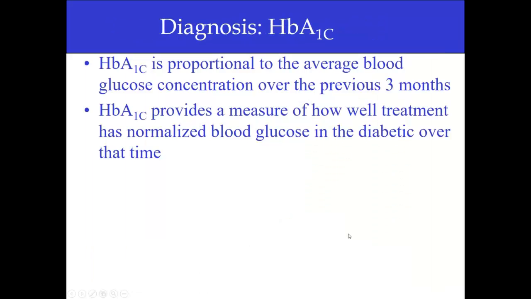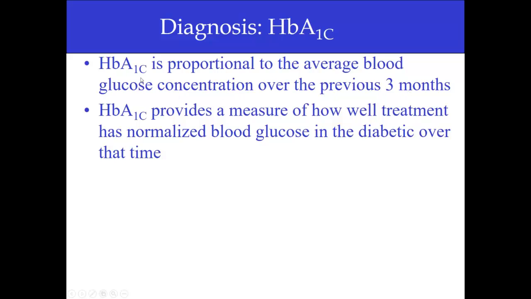When we talked about the diagnosis of diabetes, we mentioned the fasting blood glucose and we mentioned the glycosylated hemoglobin. So what is this glycosylated hemoglobin? It's also known as HbA1c. Hemoglobin A1c is proportional to the average blood glucose concentration over a period of 3 months.